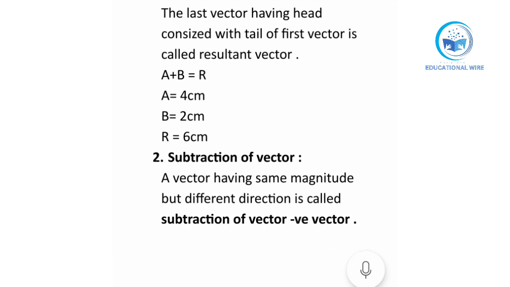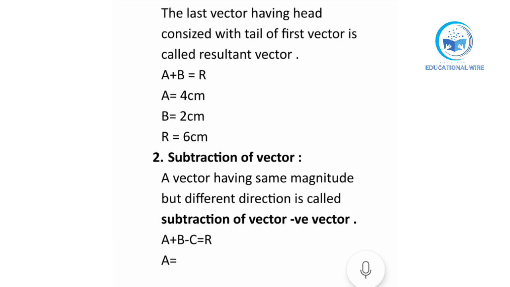Okay, so let's take one example of this, a larger one, that a plus b minus c is equal to r. What is r? Resultant, as I told you previously.